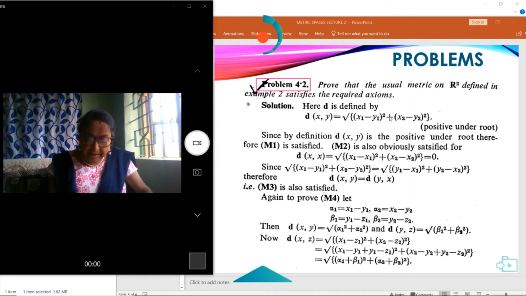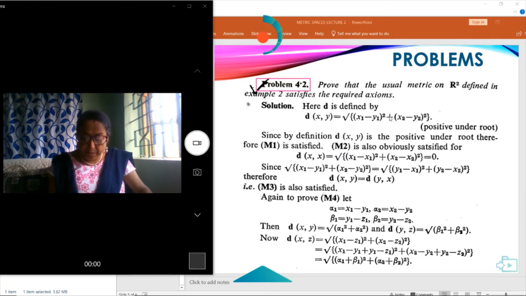Since by definition d(x, y) is a positive square root, M1 is satisfied. M2 is also satisfied, because d(x, x) can be written as the square root of (x1 minus x1) whole square plus (x2 minus x2) whole square, which is equal to 0. Hence d(x, y) can also be written as d(y, x), so M3 is also satisfied.